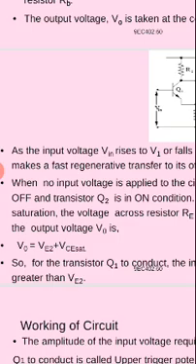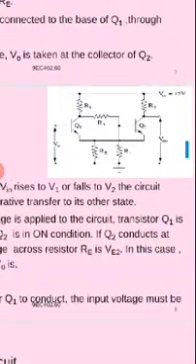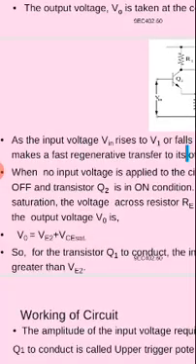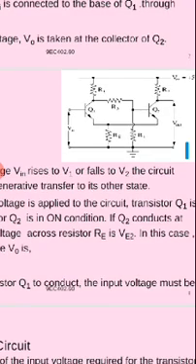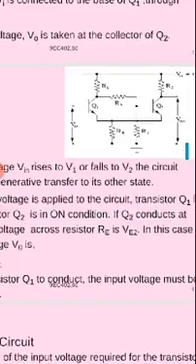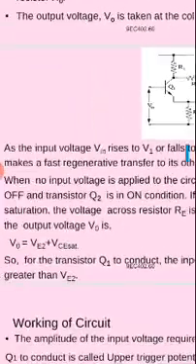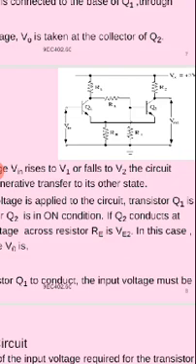When no input voltage is applied to the circuit, transistor Q1 is off and Q2 is in on condition. If Q2 conducts at saturation, the voltage across resistor Re is VE2.